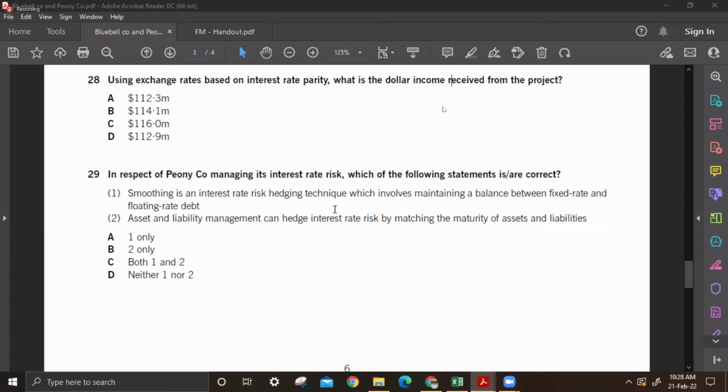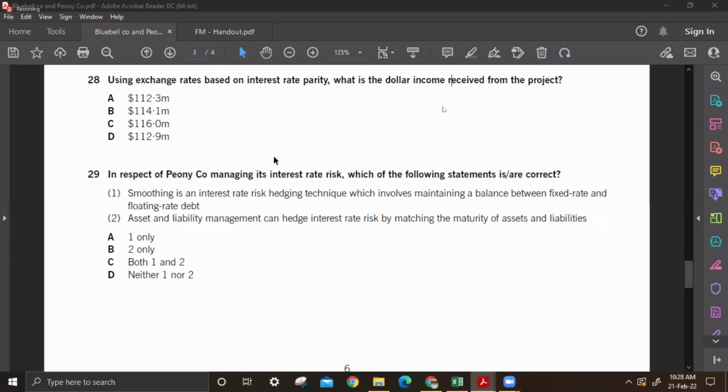What about statement 2? Asset and liability management can hedge interest rate risk by matching the maturity of assets and liabilities. Now, this statement is also correct, because what happens in asset and liability management of interest rate risk? We protect ourselves, right?